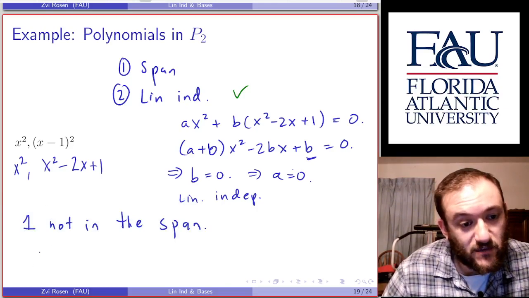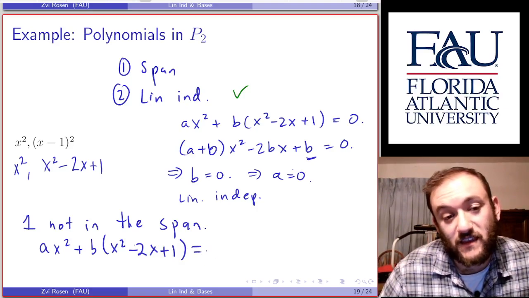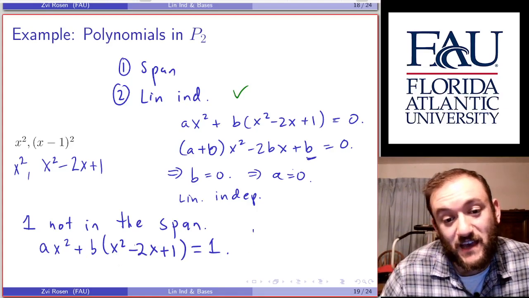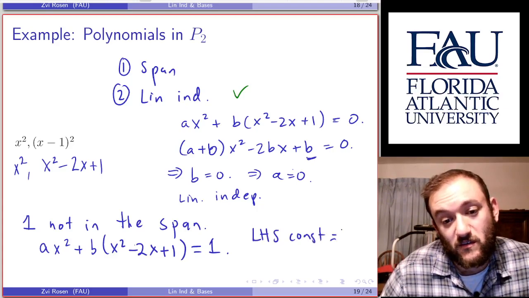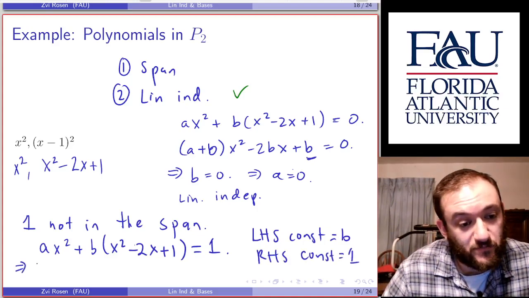We take a x squared plus b (x squared minus 2x plus 1) and set that equal to 1. Immediately we see the constant term on the left-hand side is b, and the right-hand side constant term is 1. So b equals 1.